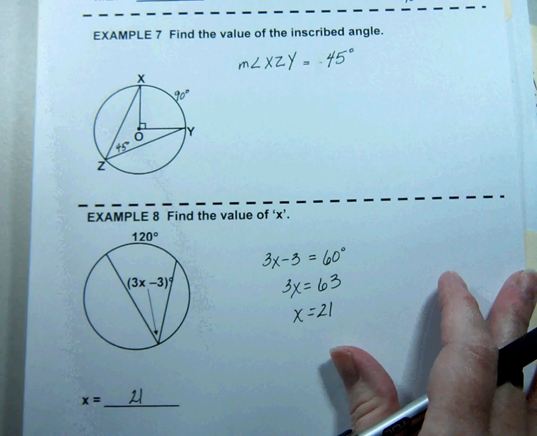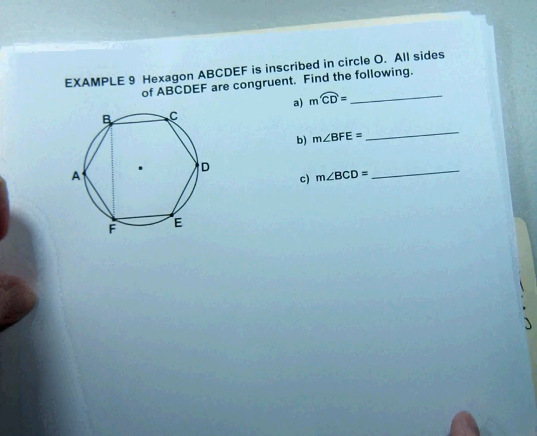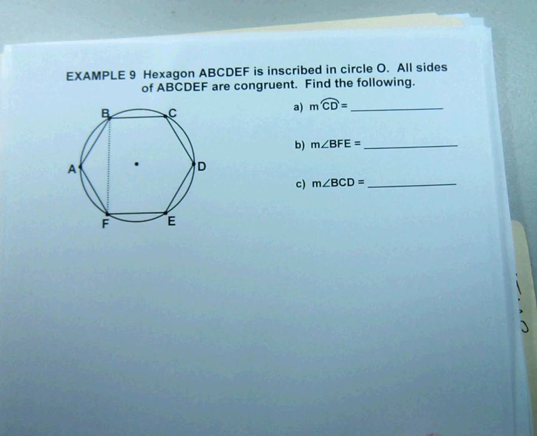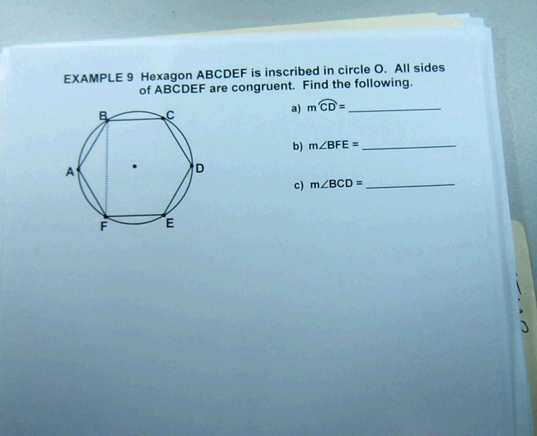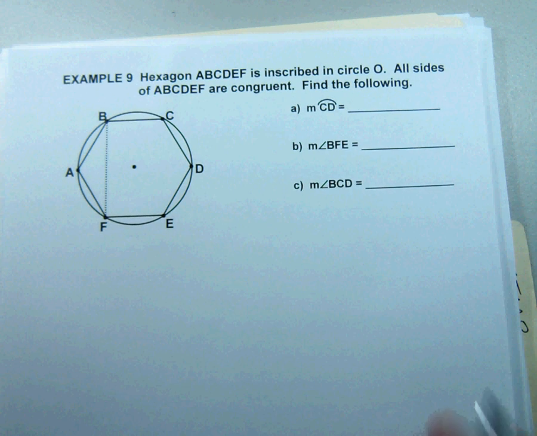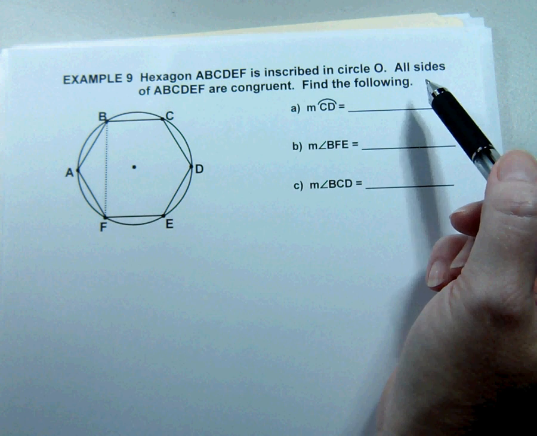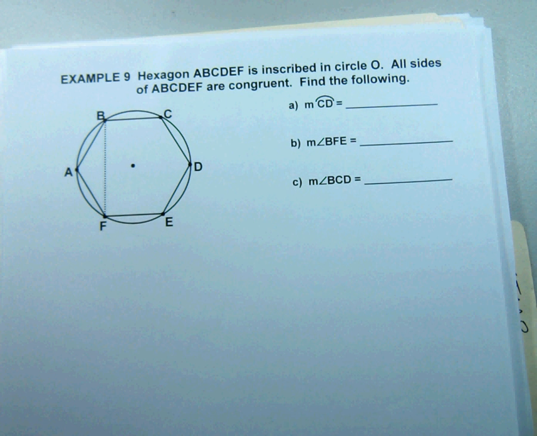Okay, one last example in this section. Here we have a hexagon that's inscribed. Now, because all sides, okay, it does tell us they're all congruent. They could have used the word regular. See how it says all sides of the hexagon are the same? So if all of them are the same, we could figure out the degree of all the central angles.